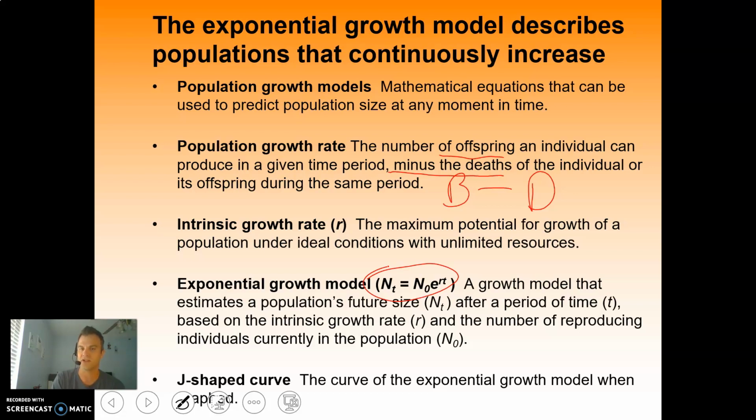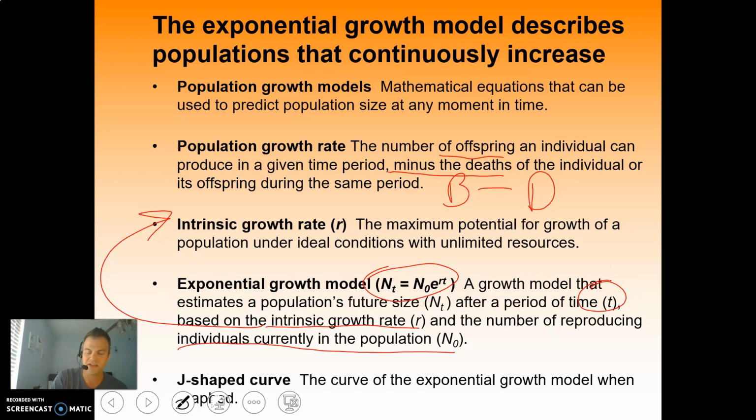So the population in 30 years based on this model would be equal to N_0, which is the number of individuals currently in the population, times e, the mathematical e that you guys all learned at some point, raised to the r times t power, where r is that intrinsic growth rate we just talked about, okay? And t is the period of time, which in that example I said would have been 30 years.